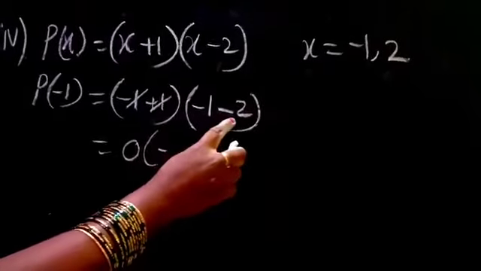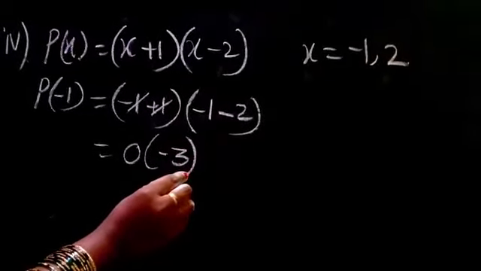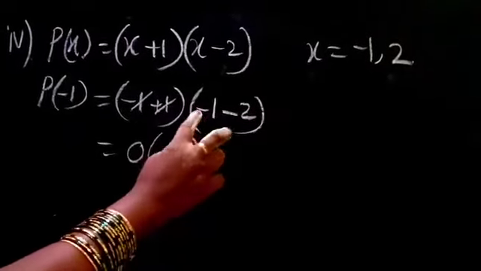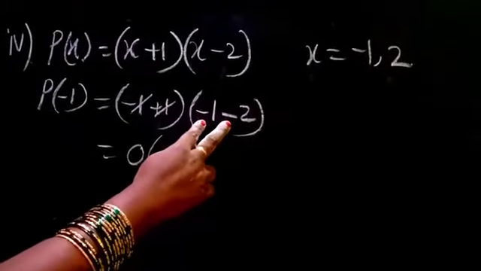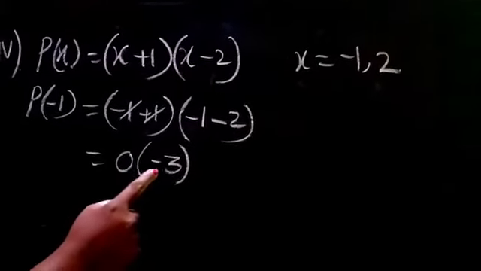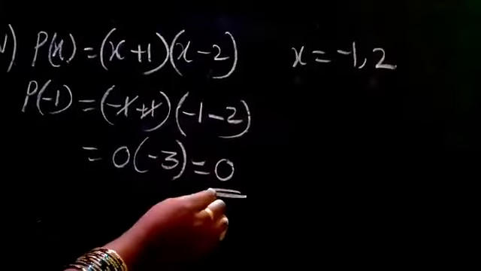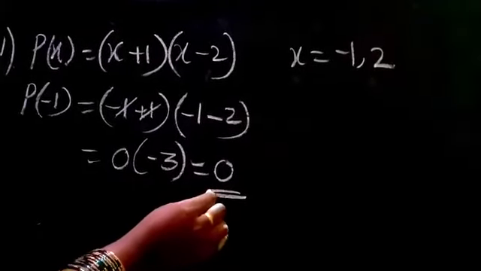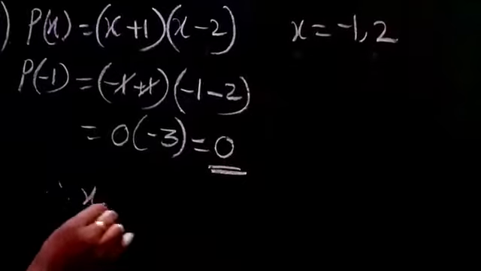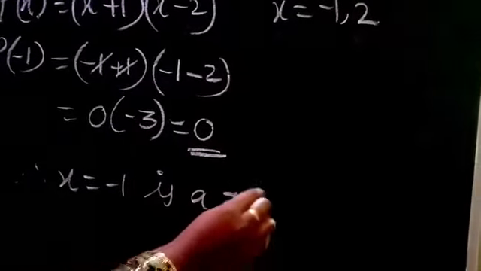Here minus 1 minus 2, when we add we get minus 3. Why we have to add? Because they got same sign. So we have to add. 0 into any number will get 0. Our polynomial answer is 0, means x equal to minus 1 is zeros of polynomial.